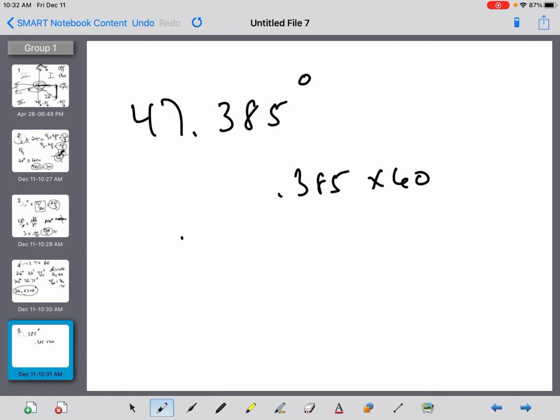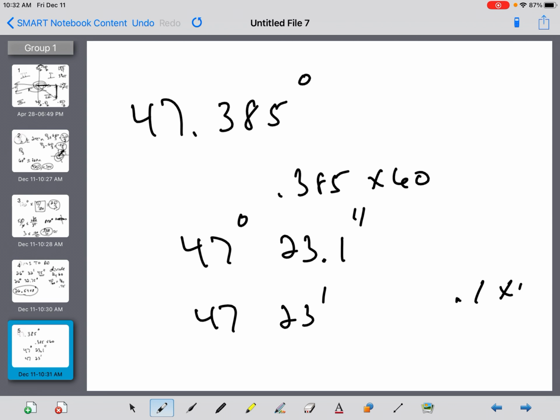And I get 23.1. So I keep this, and now I have 47 degrees, and now I have 23.1. So now I'm going to keep the 47, keep the 23, and now I'm going to take 0.1 times 60. 0.1 times 60, and round it to the nearest one, that's going to be 6 seconds.